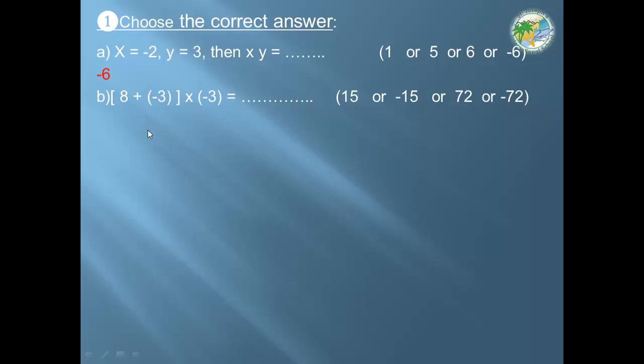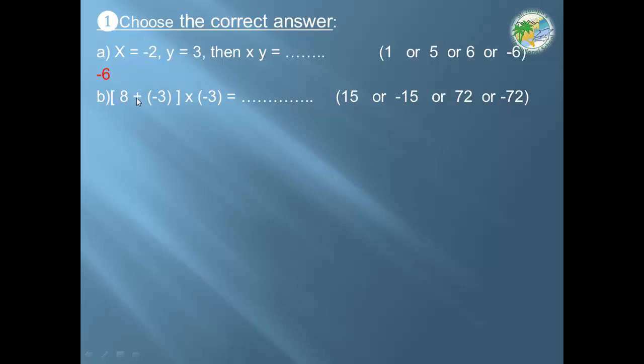Equal 5. طيب ليه 5؟ عشان هنا عملنا minus و take the sign for the greatest number. Who is the greatest number? ال 8. طيب الساين بتاع ال 8 كام؟ Positive. طيب يبقى positive 5 times negative 3.